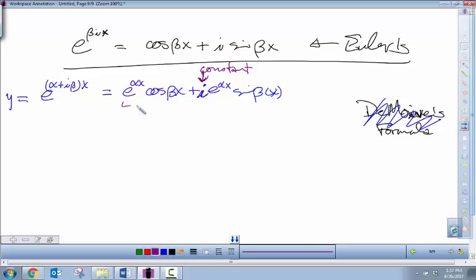And then what we come up with here, without the i, are two linearly independent solutions.